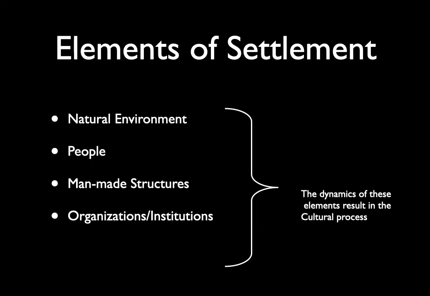Here are the elements of settlement: natural environment, people, man-made structures, organizations, and institutions. If you notice, we mentioned earlier the elements of real estate, where inhabitants speak here for people, building speaks here for man-made structures, and the community is the organizations and institutions, which does not consider the natural environment.